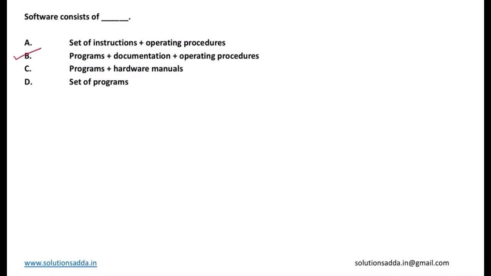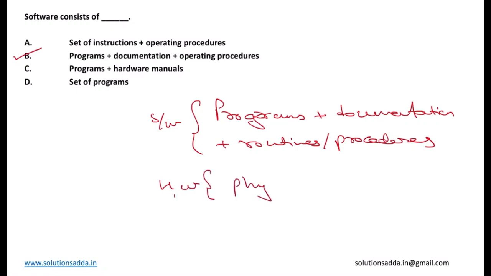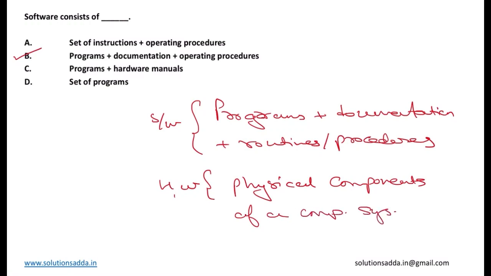The correct answer for this question is option B, that is programs plus documentation plus routines or procedures for operation of the computer system, while hardware consists of physical components of a computer system. Therefore, option B is correct.